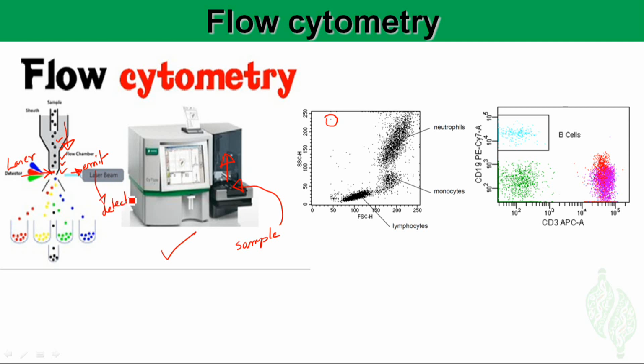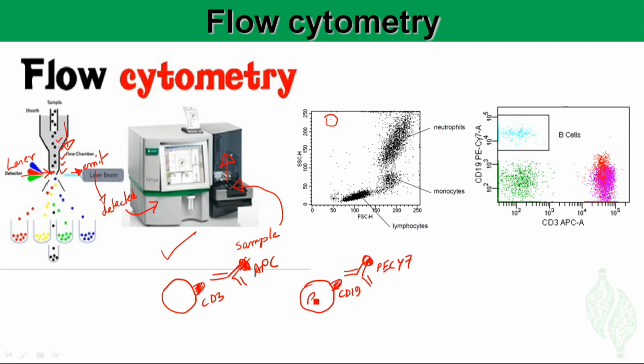by this machine. For example, if you tag the CD3 marker with an anti-CD3 monoclonal antibody tagged with a fluorochrome, like APC, this is a specific fluorochrome, and the anti-CD19 monoclonal antibody tagged with PE-Cy7, then this machine can differentiate that APC fluorochrome and the PE-Cy7 depending on their emission of color.